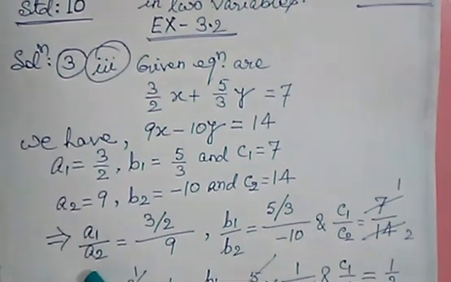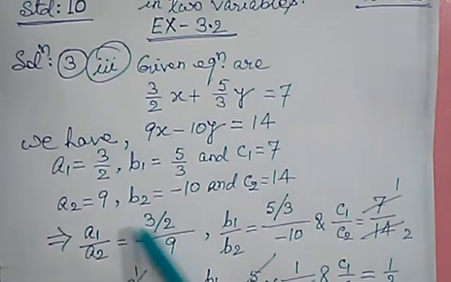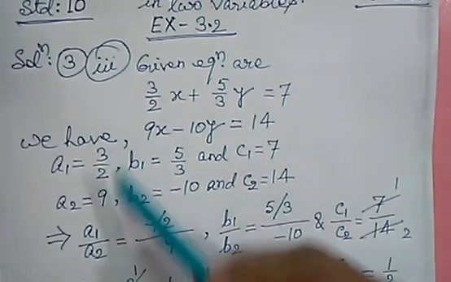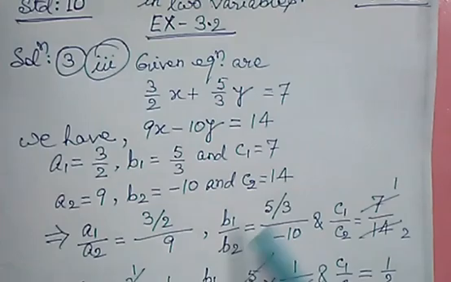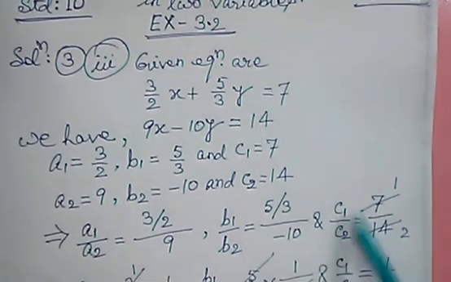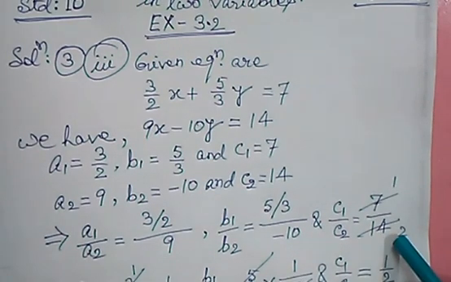So a1 upon a2 equal to 3 upon 2 divided by 9, and b1 upon b2 equal to 5 upon 3 divided by minus 10, and c1 upon c2 will give you 1 upon 2.